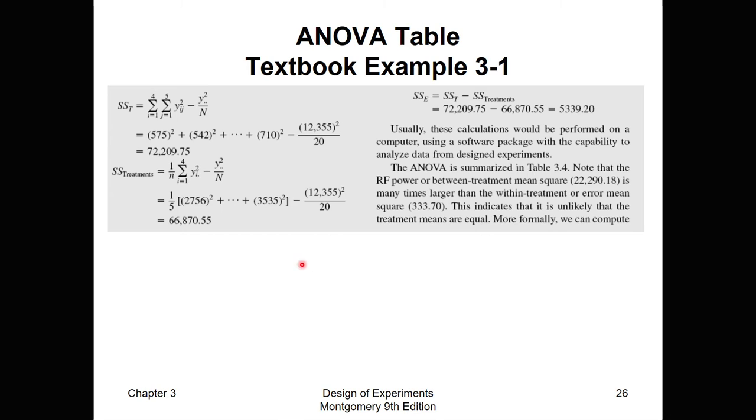So degrees of freedom, a minus 1, number of factor levels minus 1, is the degrees of freedom for the treatment group. I had 160 watts, 180 watts, 200 watts, and 220 watts. So I had four different factor levels. So a is 4. 4 minus 1 means that my degrees of freedom for the treatment is going to be 3.